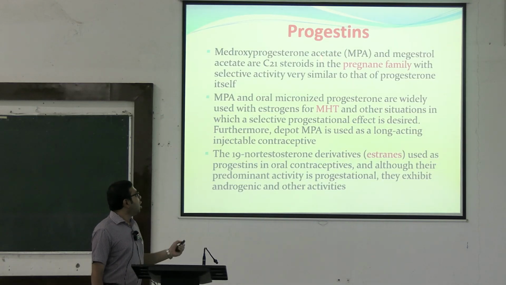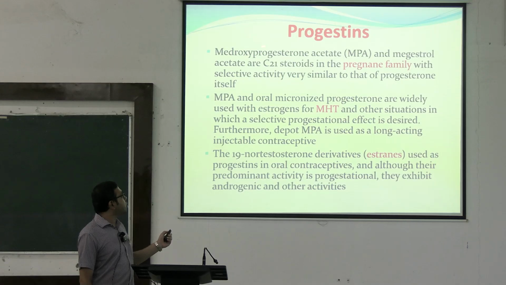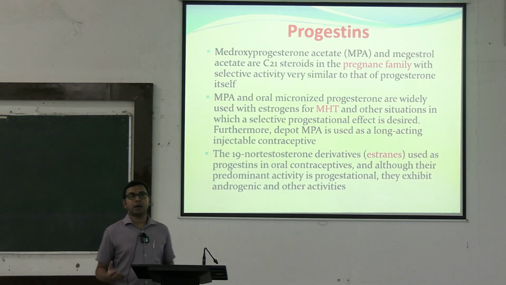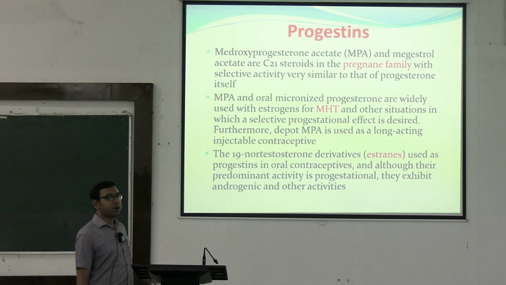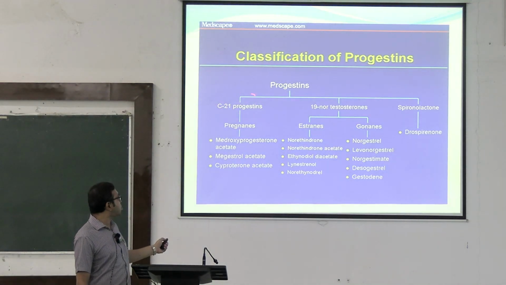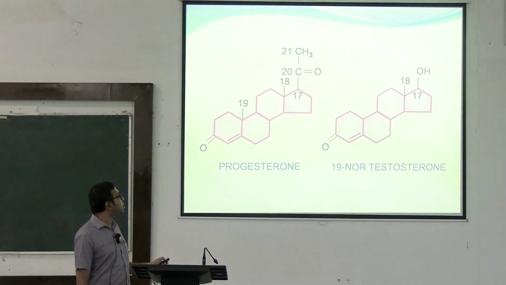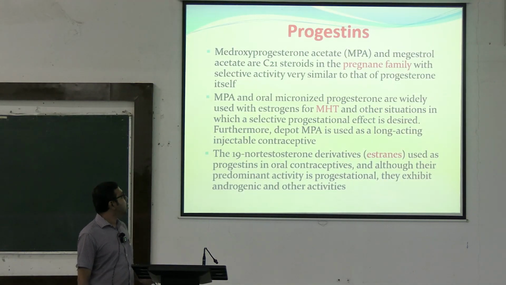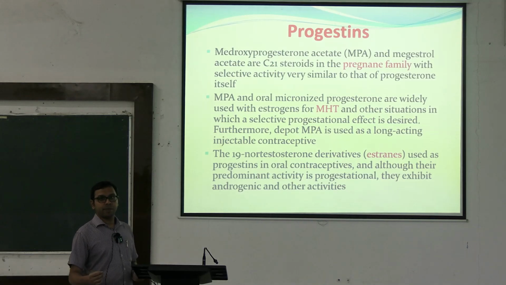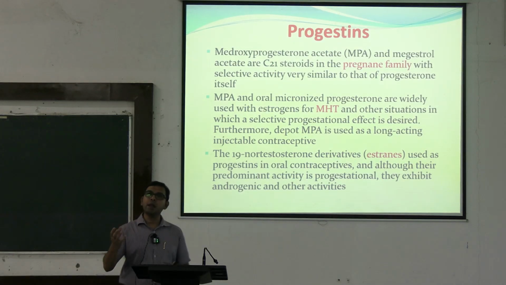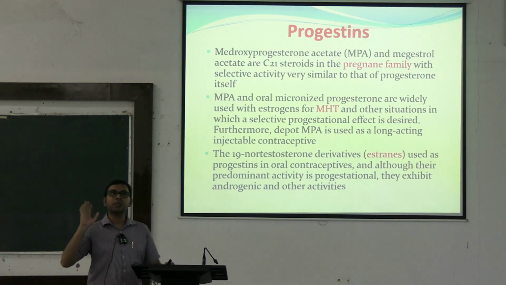Okay. So about the progestins like medroxyprogesterone acetate, I have already said that this is very commonly used, and megestrol acetate. These are C21 steroids. You have already seen C21 progestins, also known as the pregnane series or pregnane family, with activity similar to that of progesterone itself. Okay, because progesterone itself is also a C21 steroid.